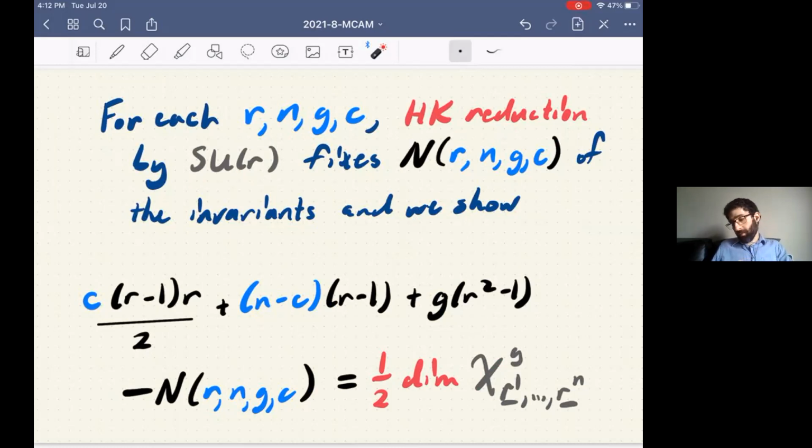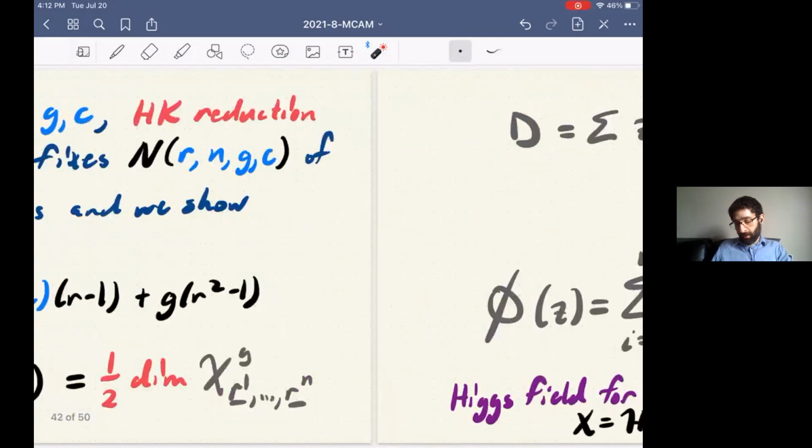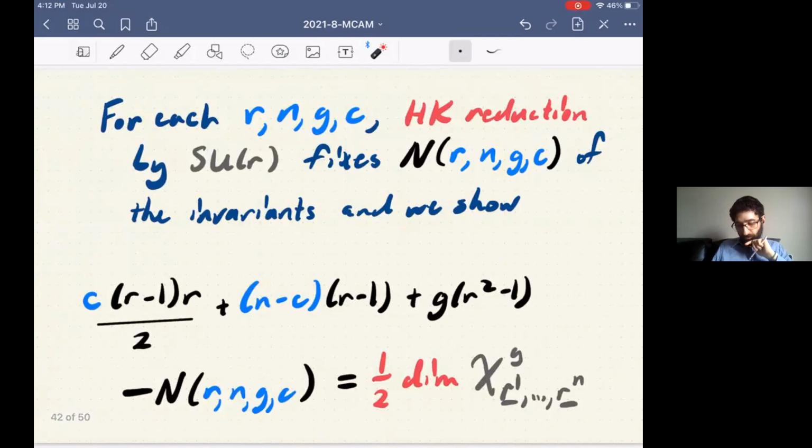And we computed the number of invariants that get put into certain normal forms. And when you remove these from this total count, you get exactly half the dimension of the quotient space, the hyperpolygon space. And the ones that aren't put into this normal form are algebraically independent to begin with. And so you really do have the data of a completely integrable system here.